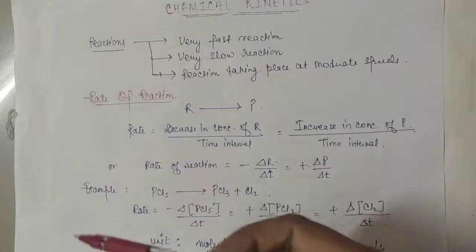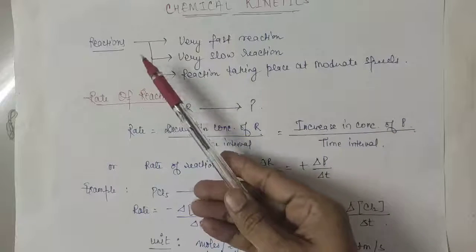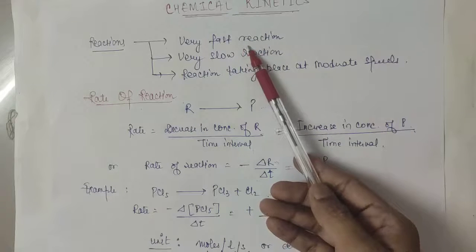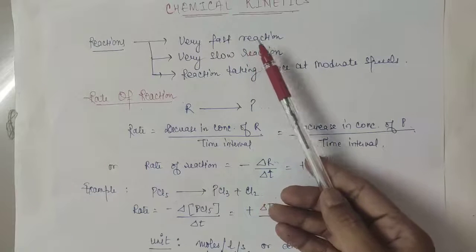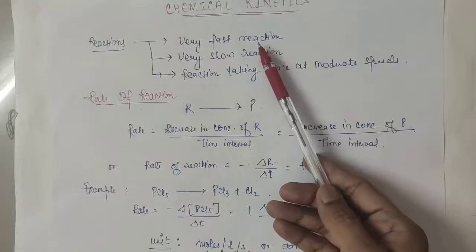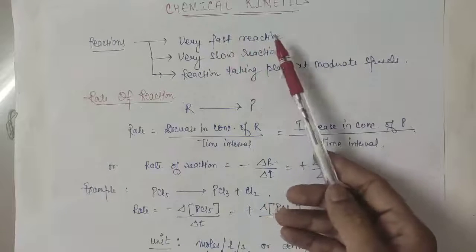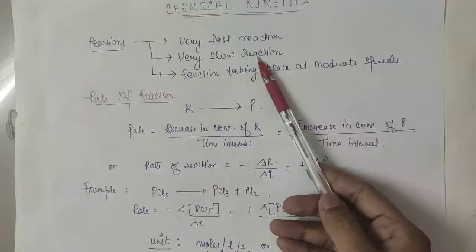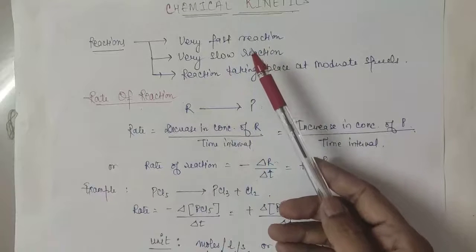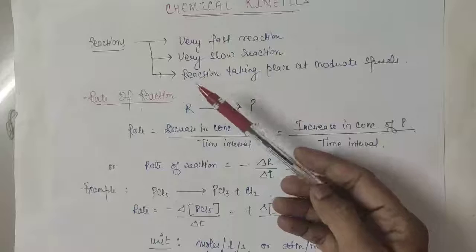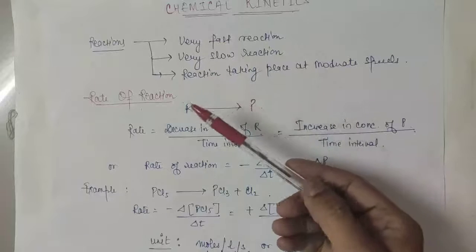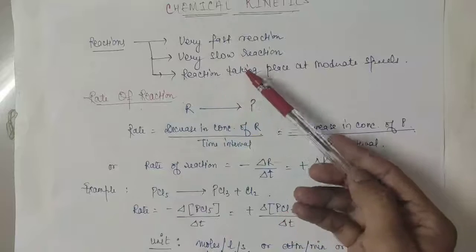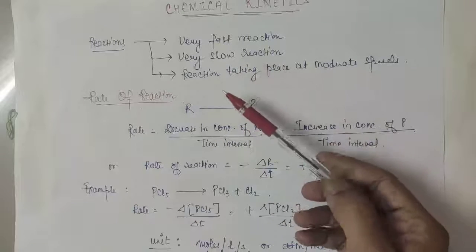Okay, now the reactions can be either very fast, like the ionic reactions, for example the reaction between acids and bases, they are very fast, the reaction occurs almost instantaneously. Some reactions are very slow, that is they may take time to complete, for example a day or few days or few months to few years, they come under very slow reactions.